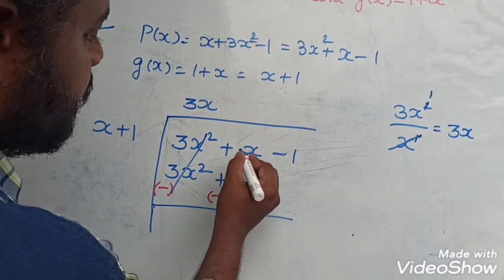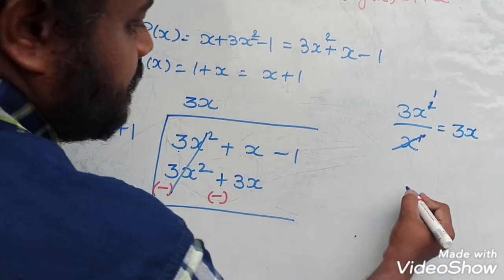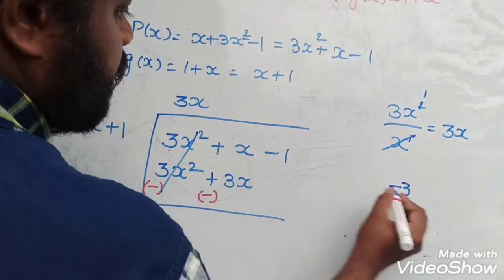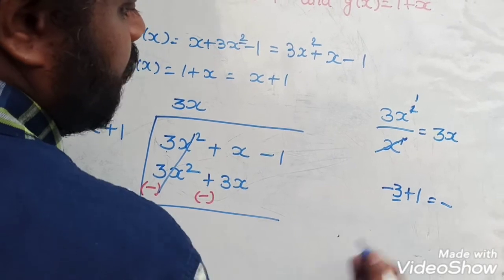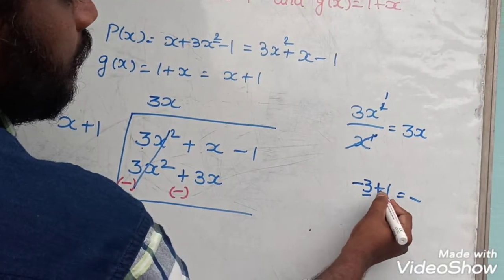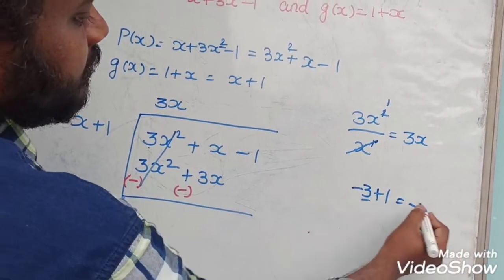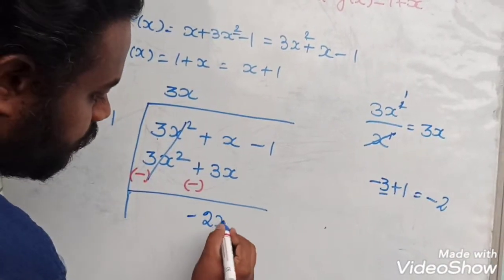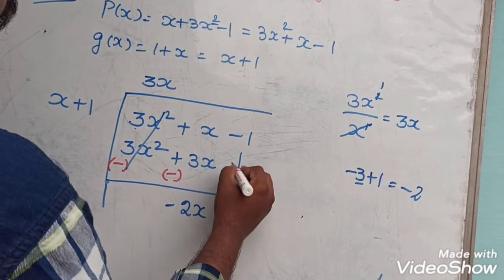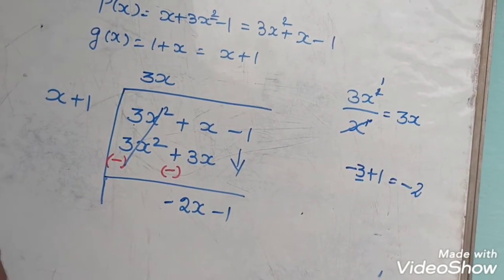So minus 3x plus x, that means minus 3, and the coefficient is plus 1. Here 3 is greater, so we get minus as the answer. With different symbols we subtract, and we get 2. So minus 2, the variable is common. We take the next term, minus 1.